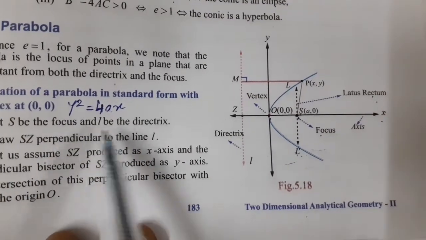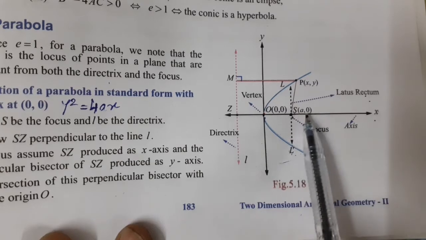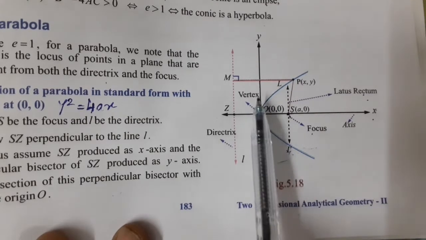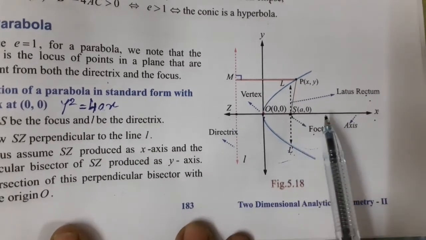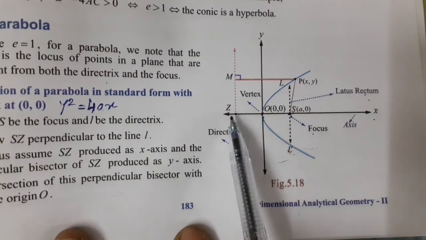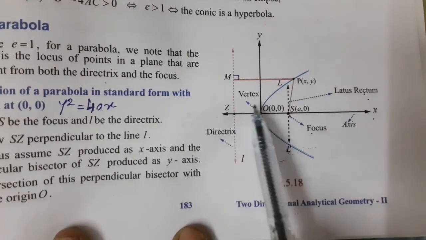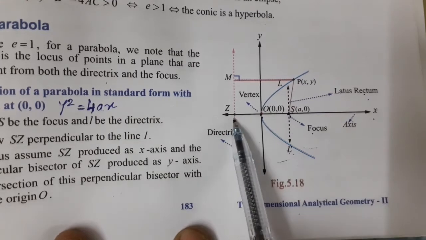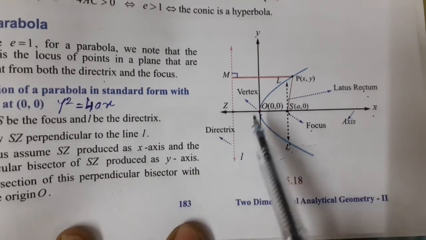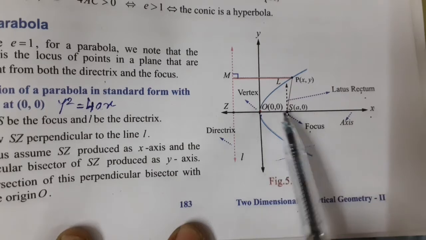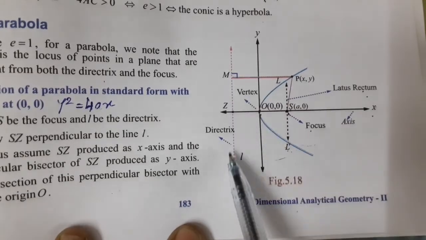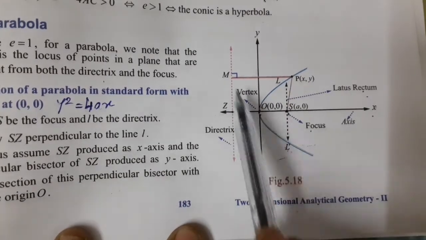Let S be the focus and L be the directrix. The focus is taken as a, 0, because it moves a distance a from the origin with no movement in the y-axis. Draw SZ perpendicular to the line L, a straight line, which is called the directrix.